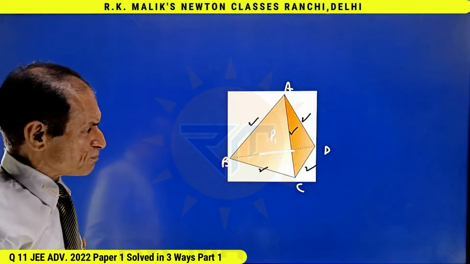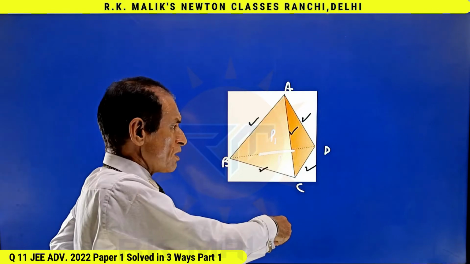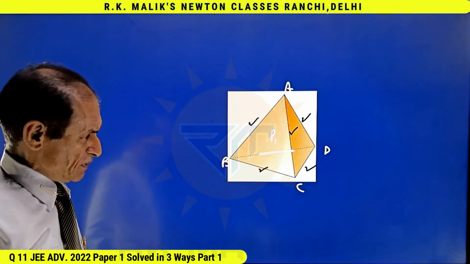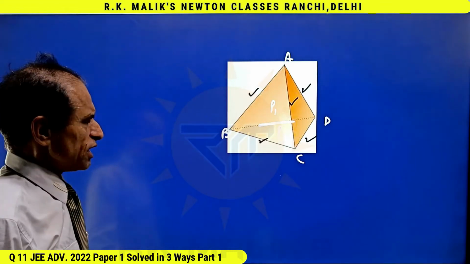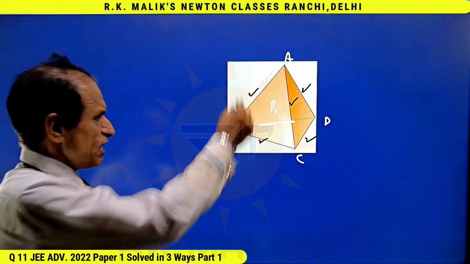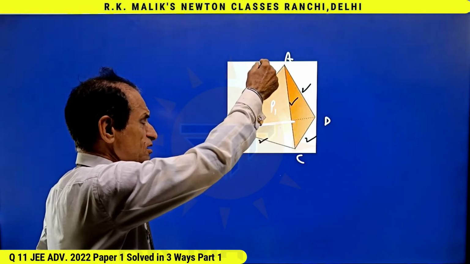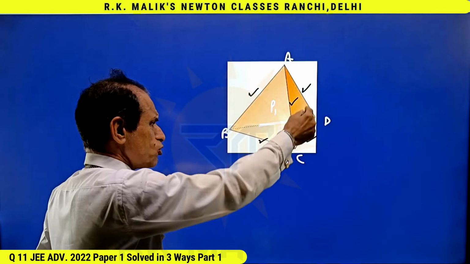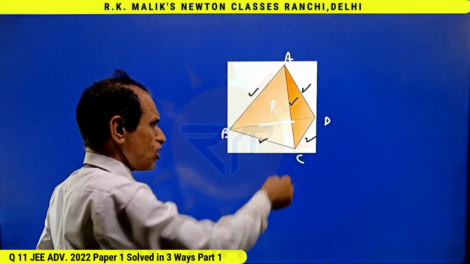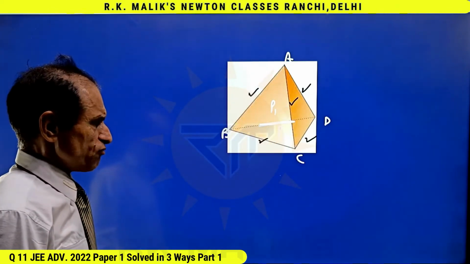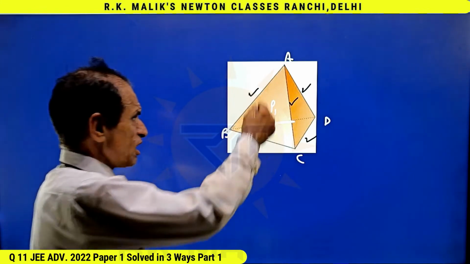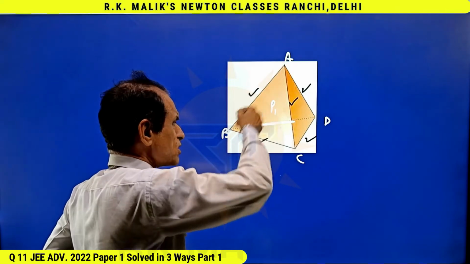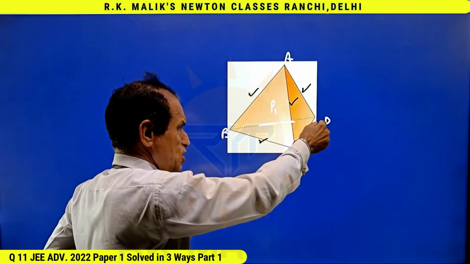Or the last possibility is the line cuts both the planes P1 and P2. That is, we can say that a line can become edge of this tetrahedron if it is of the type AB, AD, BC or BD, or it is of the type AC. What I mean to say, the line is completely lying on the plane P1, then it will be of the type AB or AD.